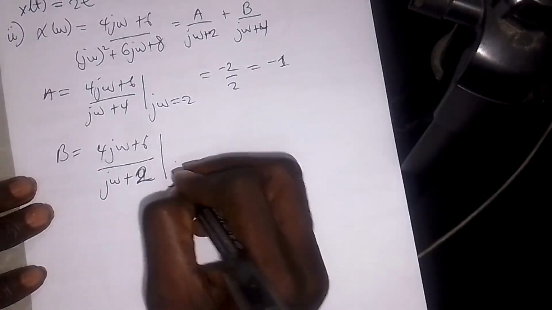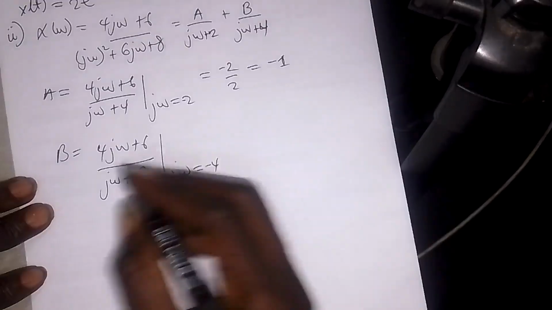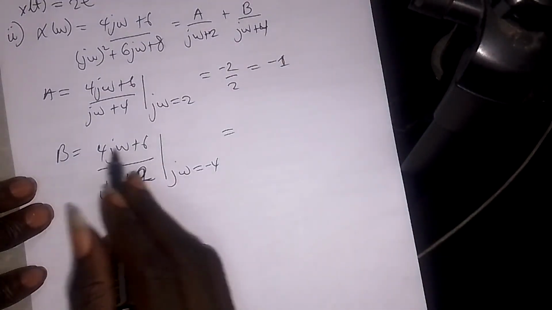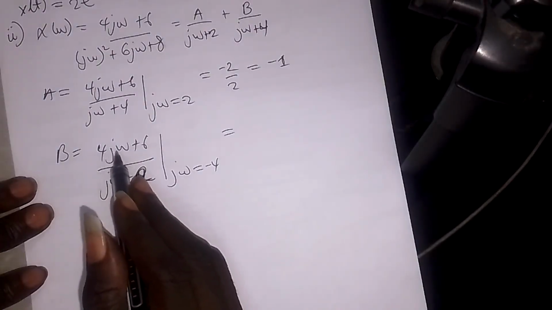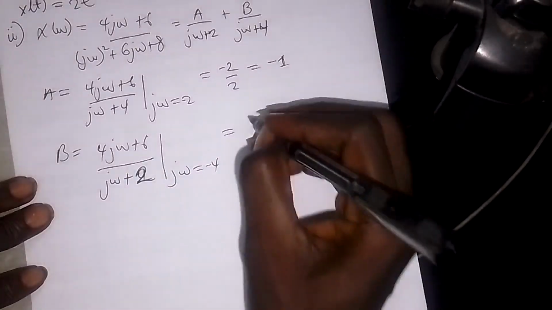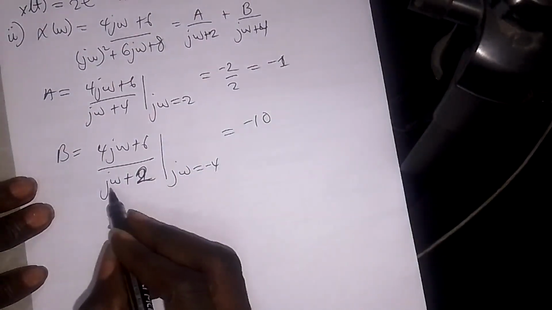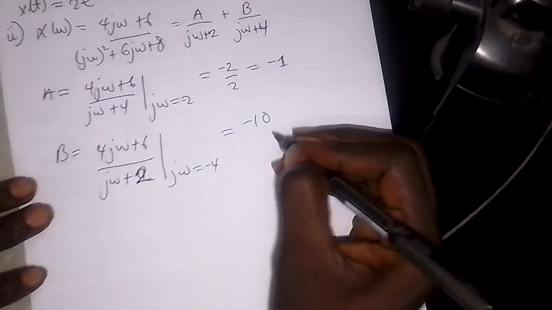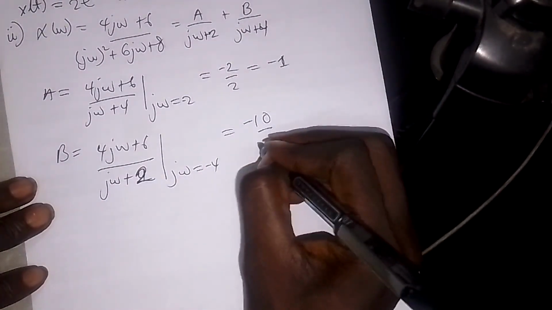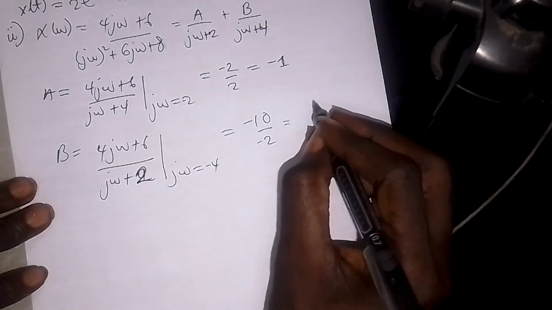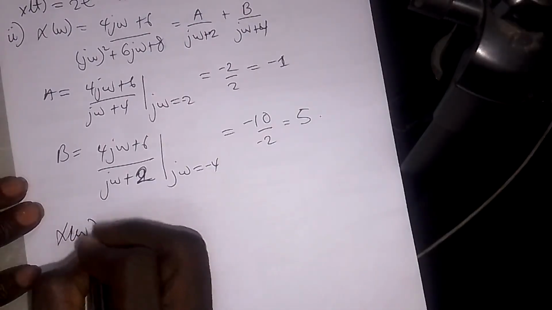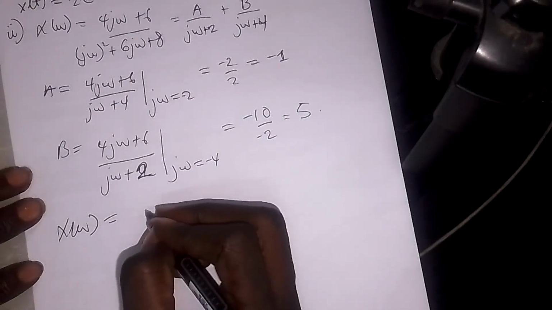So if I put minus 4 here, it will be 4 times minus 4, which is minus 16, plus 6, which is minus 10. Then here minus 4 plus 2 will be minus 2, which gives 5.